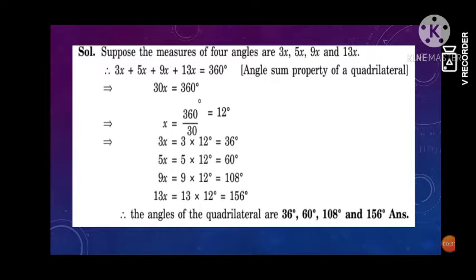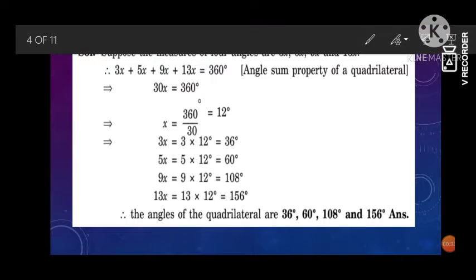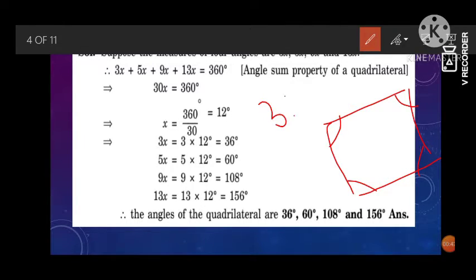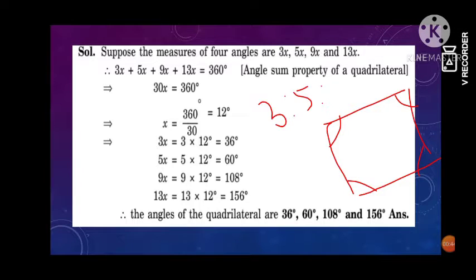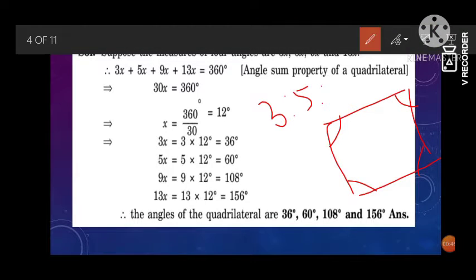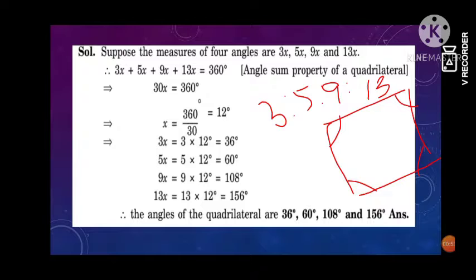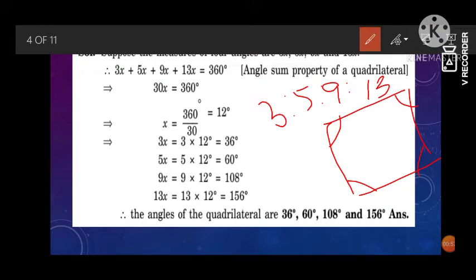The ratio of the 4 angles in a quadrilateral is given, 3:5:9:13. That means we will consider the angles as 3x, 5x, 9x and 13x. And we know that the angle sum property of a quadrilateral is 360.